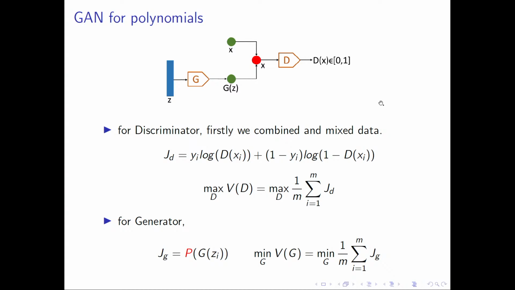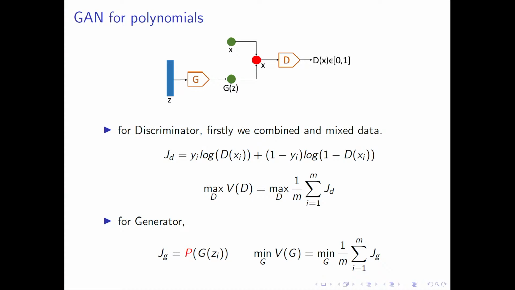For the generator, minimizing d of g of z is not really good. It doesn't give a really good solution for us.